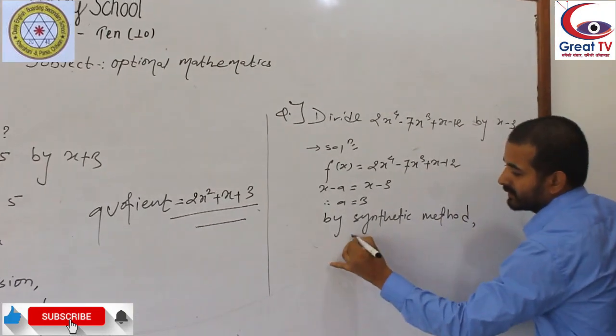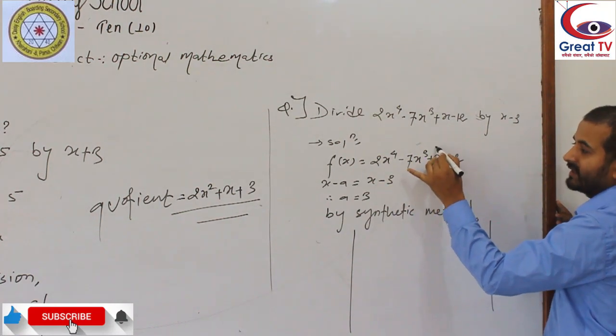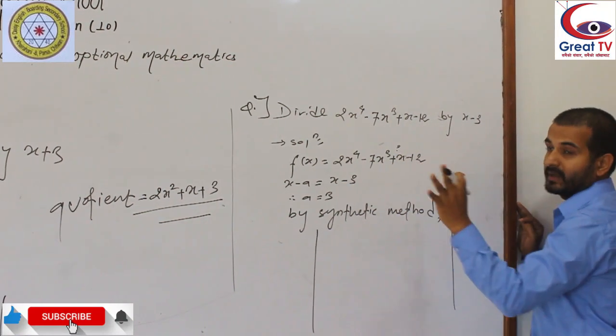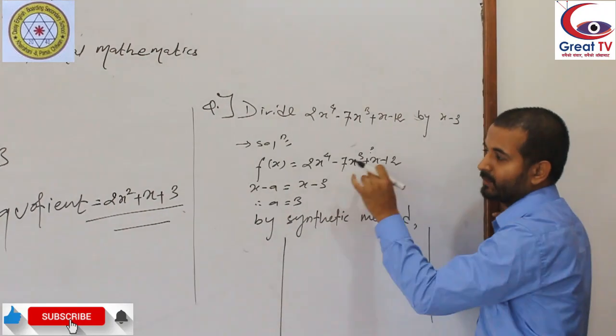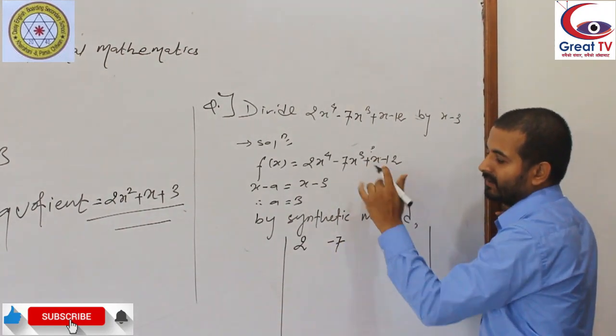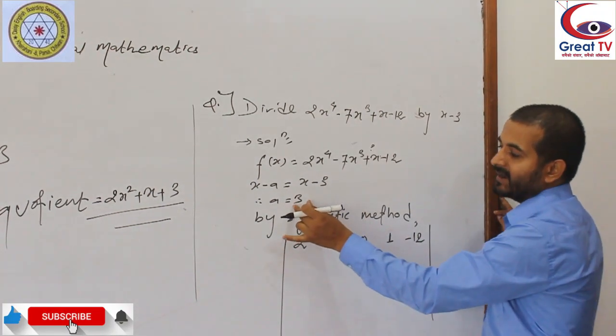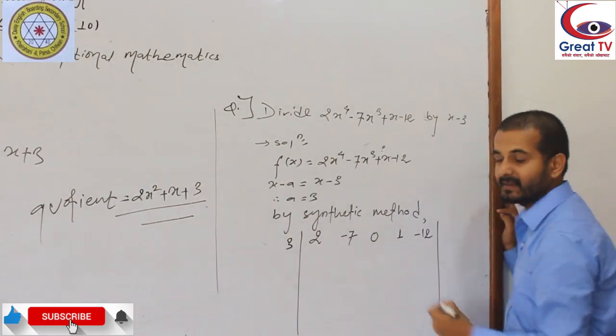Check the sequence: 4, 3, 2 is missing here, 1, 0. So x power 2 is missing, and we have to put 0 in between. 2, minus 7, 0, 1, minus 12. And the dividing number is 3, given by x minus 3.